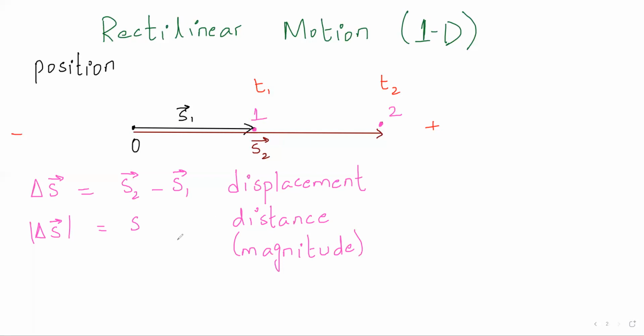And just one quick remark for those of you who are saying, what about delta S? So let's say we have another one that is S. So let's say this is a point 3, location 3. The object arrives here, time is t3. So what will be the position vector?